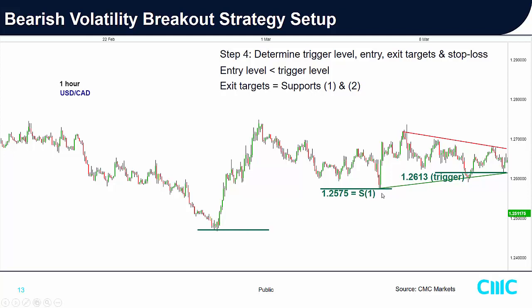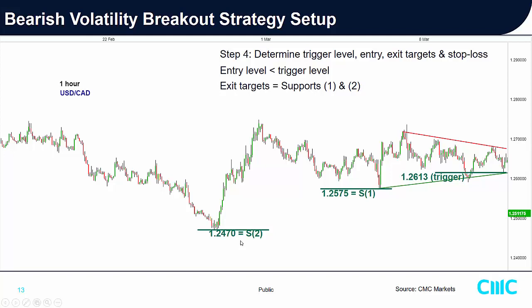So always the first potential level for us to take partial profit will be the first support level that formed prior to the short-term range configuration taking shape, at 25.75. The next one will be at 1.2470 on the dollar cat.